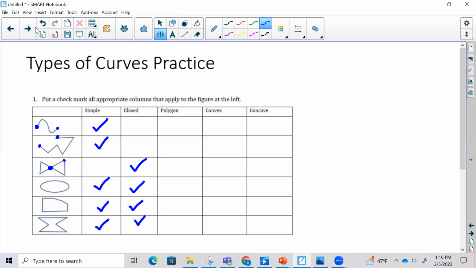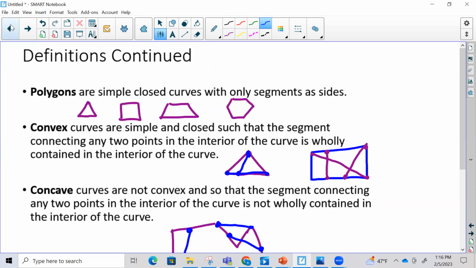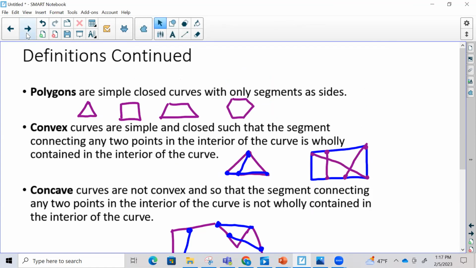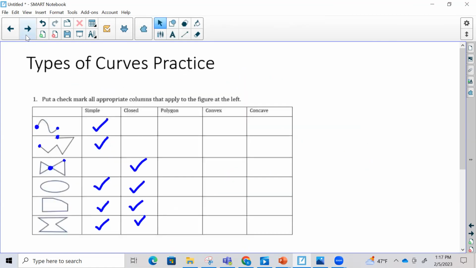So then our next column is polygons. And so polygons are simple closed curves with only segments as sides. Okay, so if we look at this, this is not a segment, so that is not a polygon.